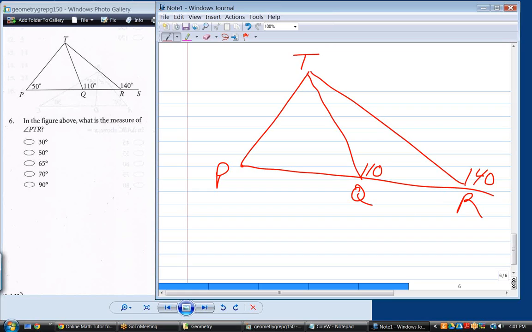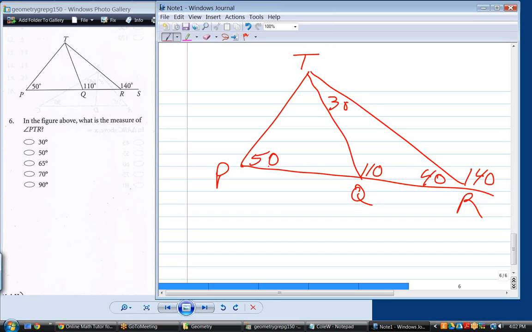Do you know what angle TRQ is? TRQ, this angle. That one right there would be 40. Now how about RTQ? This one up here. That'd be 30 degrees. We know this one is 50, and ATQ is 60 degrees.